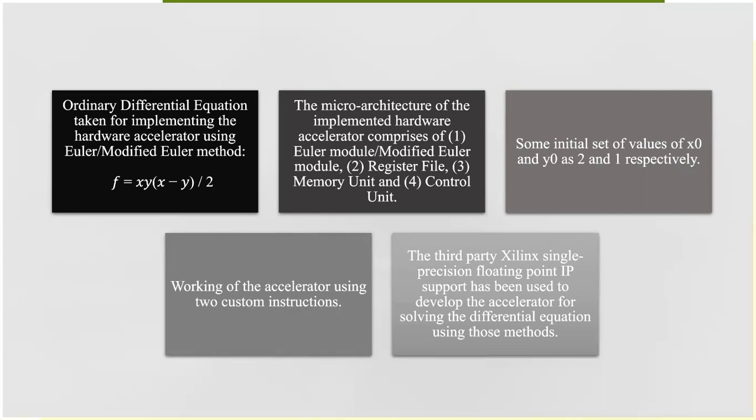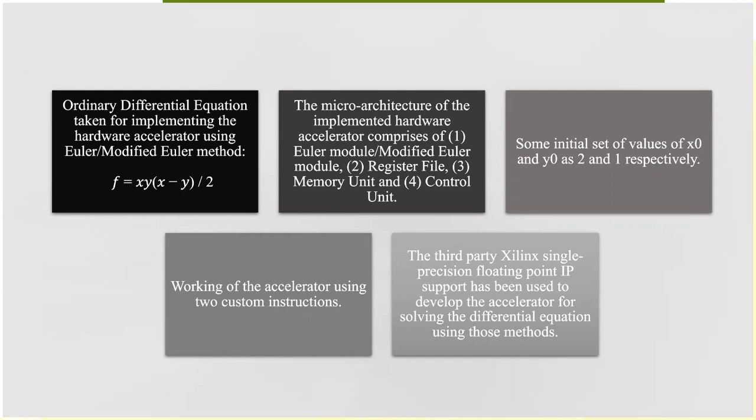The ordinary differential equation taken for our paper is f = xy cross (x - y) divided by 2. After that, the microarchitecture of the implemented hardware accelerator comprises the Euler module or the modified Euler module, which has several sub-modules, along with a register file, a 64-bit memory unit, as well as a control unit.